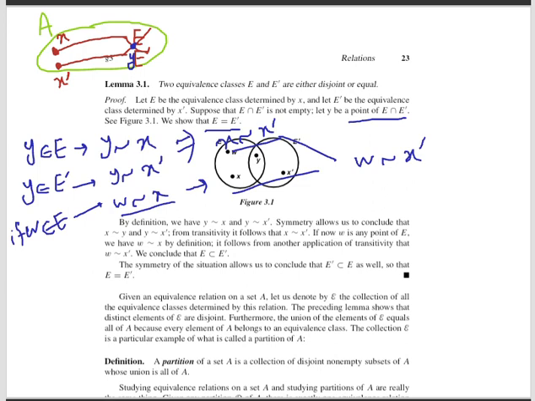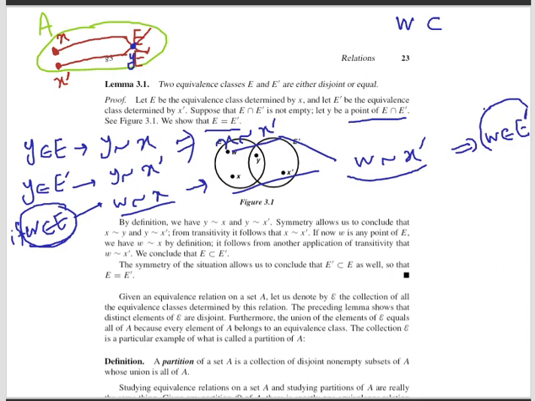W is in E, W is equivalent to x prime. It follows that W belongs to E prime. Since W is arbitrary and we chose it from E, it belongs to E prime.